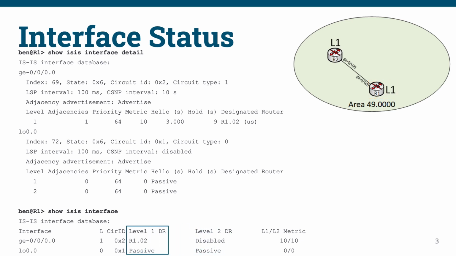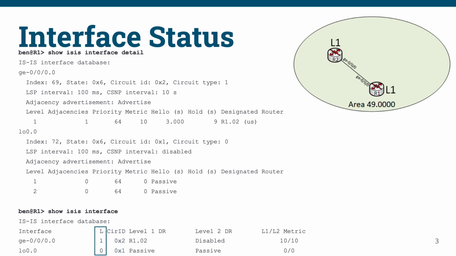The next column left shows the Level 1 DR for the broadcast segment. This is indicating that it is R1, and specifically the circuit ID 2, as indicated by the .02 shown after the hostname. We can confirm that circuit ID 2 is this interface in the next column, where we have the circuit ID listed for each interface.